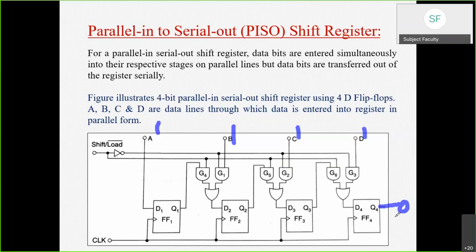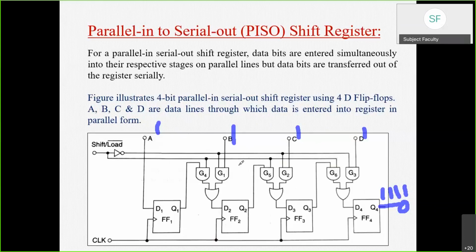So whichever output you are getting, you will get at this terminal, that is the Q4 terminal. That means this 1111 can be applied at the same time, that is simultaneously or parallelly, and the output you will get one by one. That is, for the first cycle you will get 1, then again 1, then again 1, four ones. So it is nothing but parallel in but serial out.